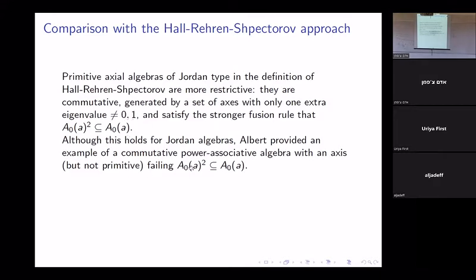And the stronger fusion rule you can prove, not for every single axis, but you can prove that you have a generating set of axes such that this happens for every axis in that generating set. Okay. And just by the way, Albert came up with a commutative power associative algebra failing this. So you have to be careful.